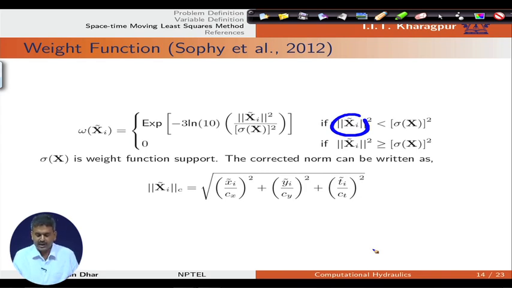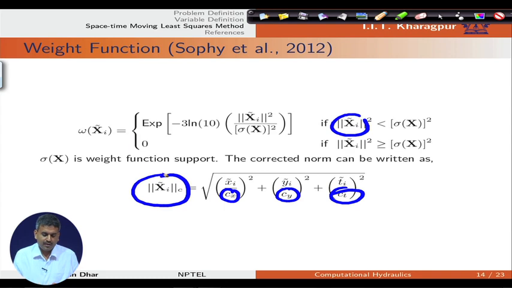So, we can scale it with Cx, Cy and Ct values, and we can correct the norm, and utilize this particular norm for our weight function calculation.